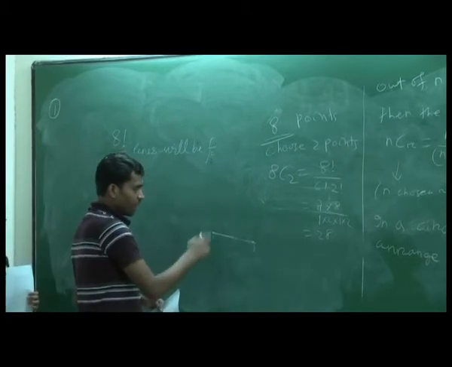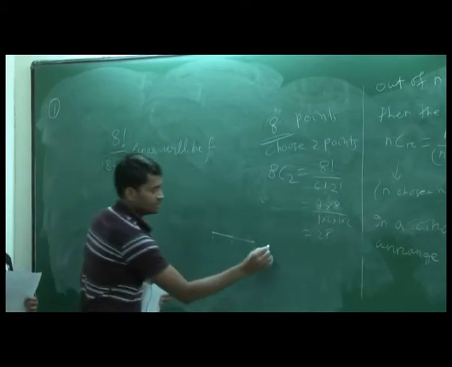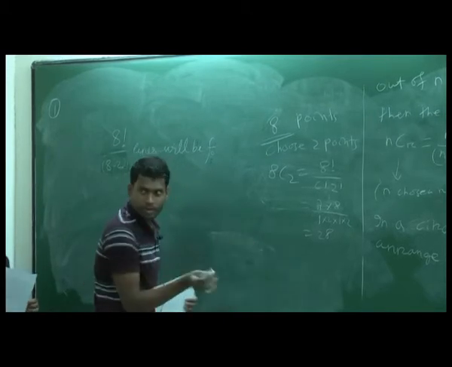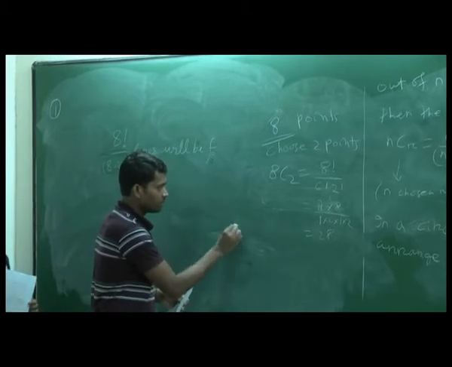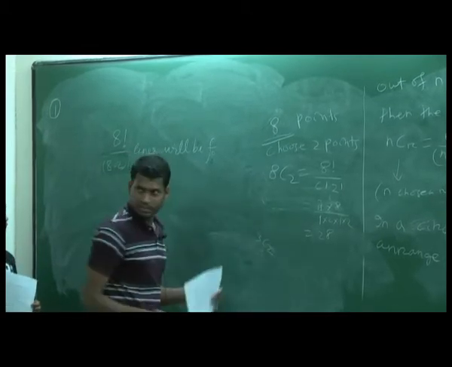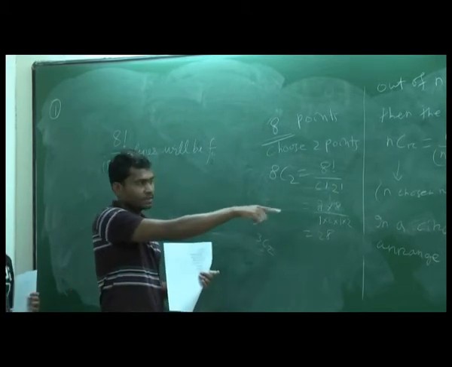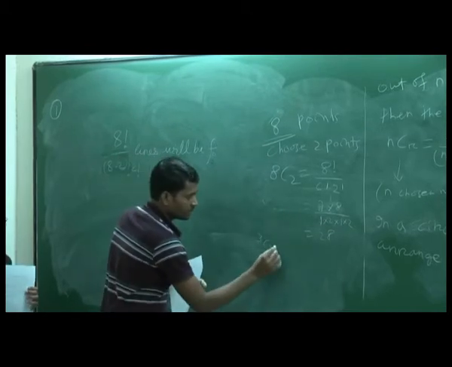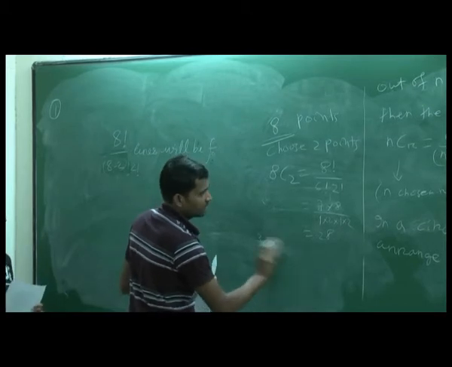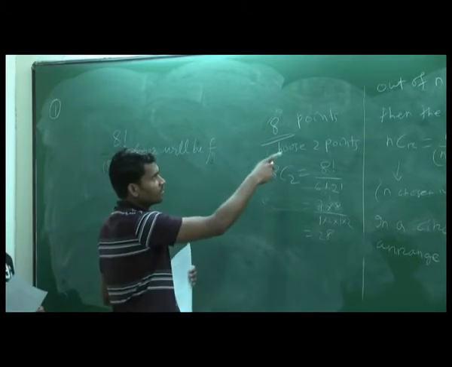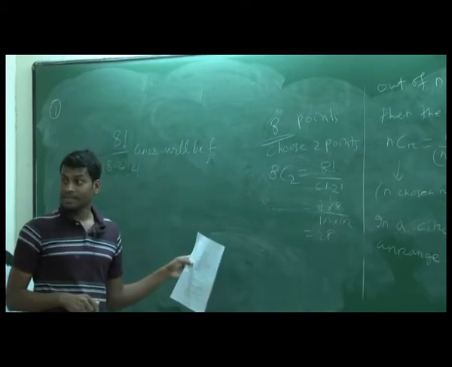So how many lines can we count out of 3 points? There are 3 collinear points. Out of those 3 collinear points, we can draw 3C2 lines, which are the extra ones coming here. That is equal to 3. So for question number 1, we have to subtract 3 and add 1.